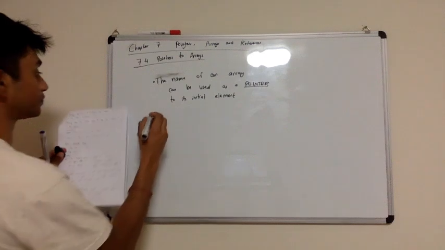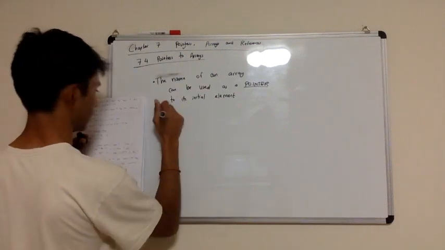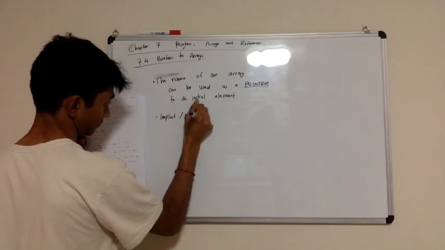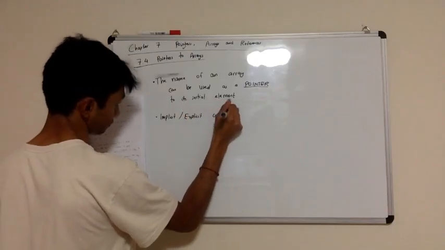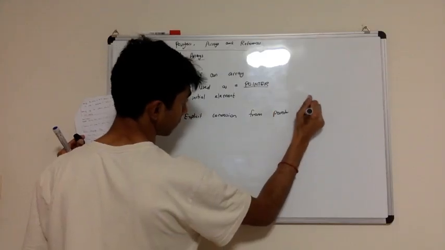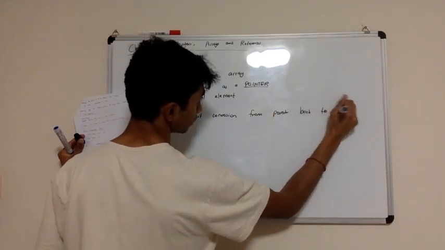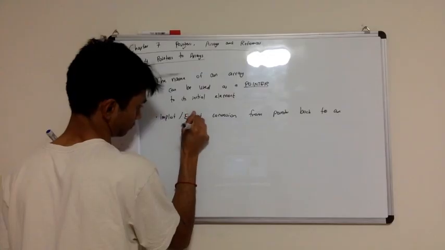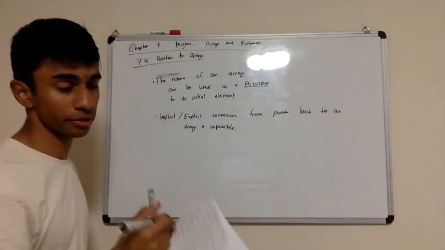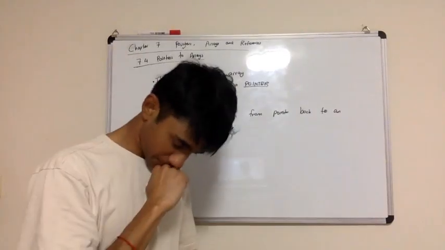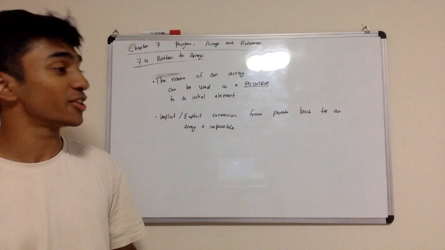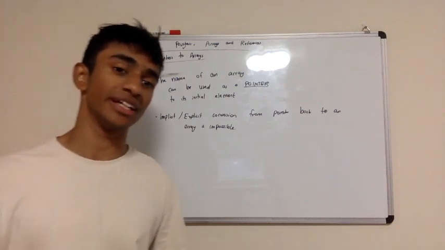So I'll just mention that implicit or explicit conversion from pointer back to an array is impossible. Purely using the pointer that you created, you cannot get the array back because the information about the array size is not given.